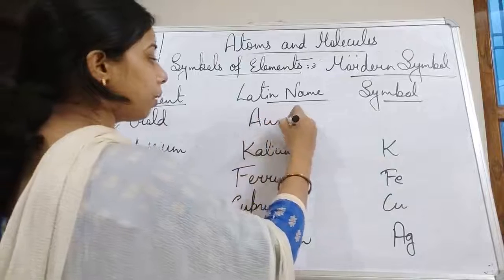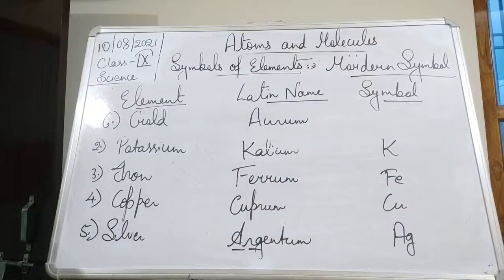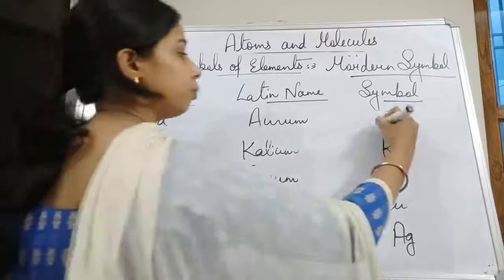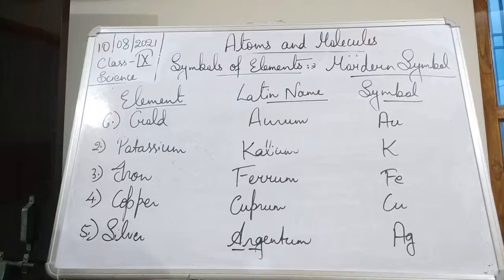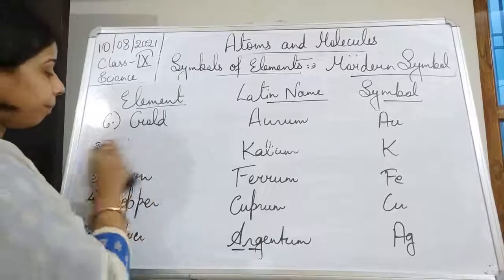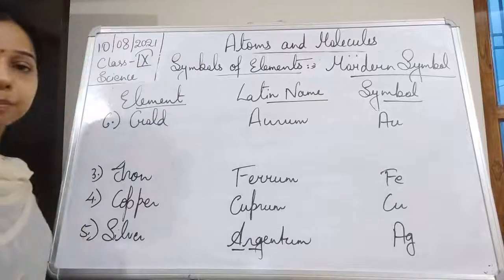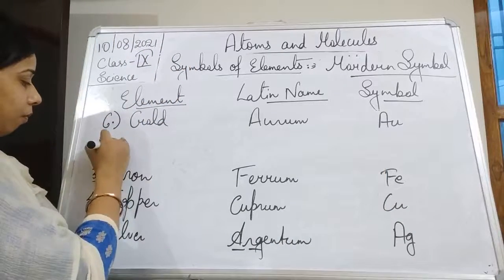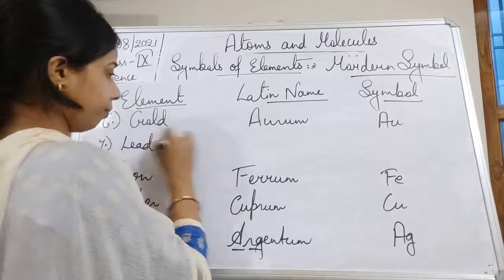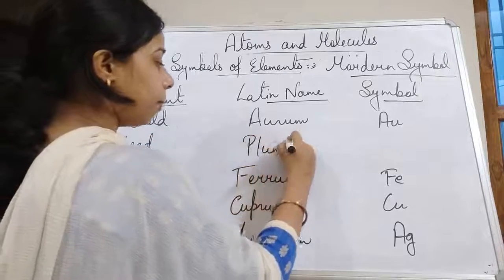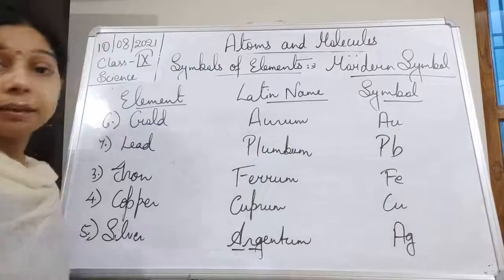Latin name aurum, and the symbol used is Au. Then lead. Latin name is plumbum. Symbol is Pb.